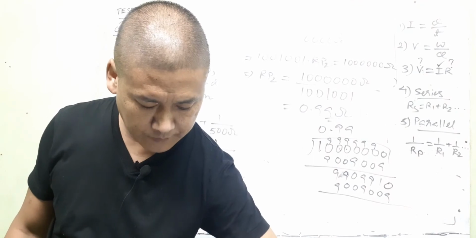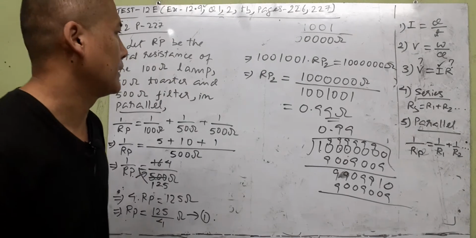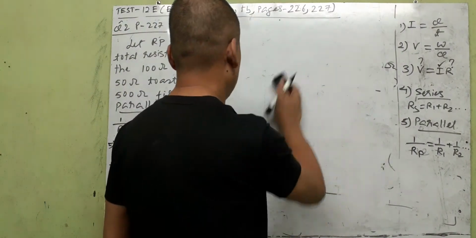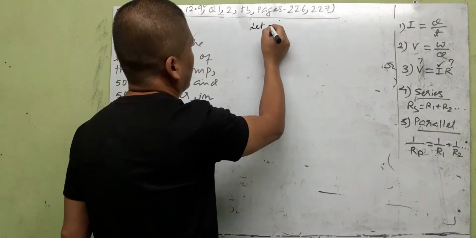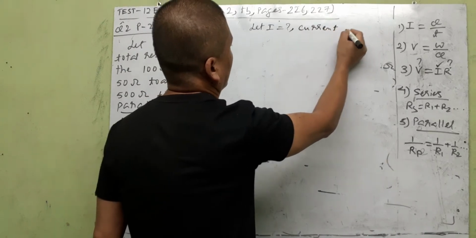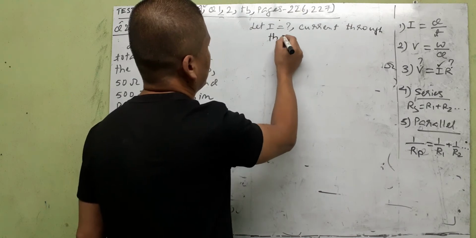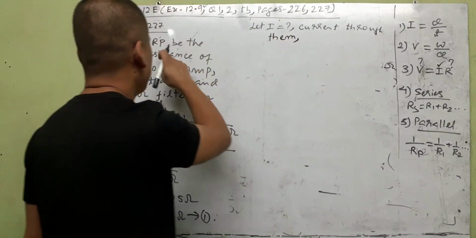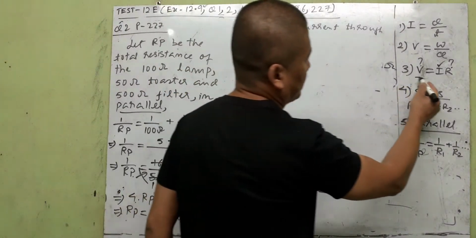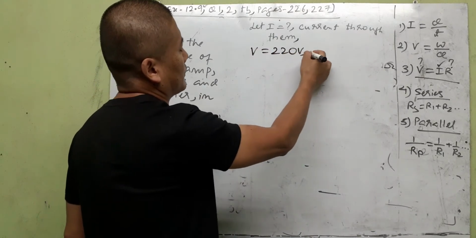Then what is the resistance and the current? So we have to find the current. Let I equal to question mark be the current through them. The word them here implies plural, these three. To calculate that we need to use Ohm's law, V equal to I into R. Now we know V is given already as the voltage supply in the question.